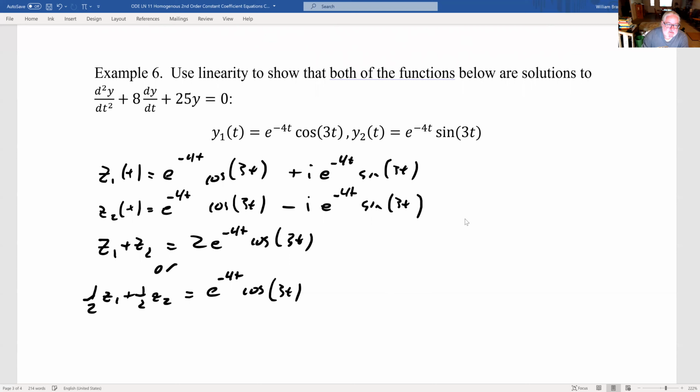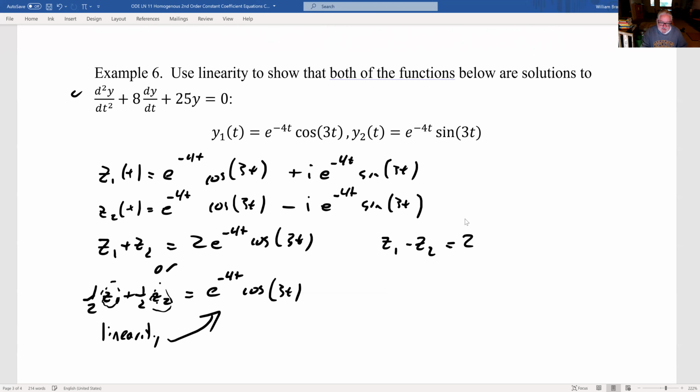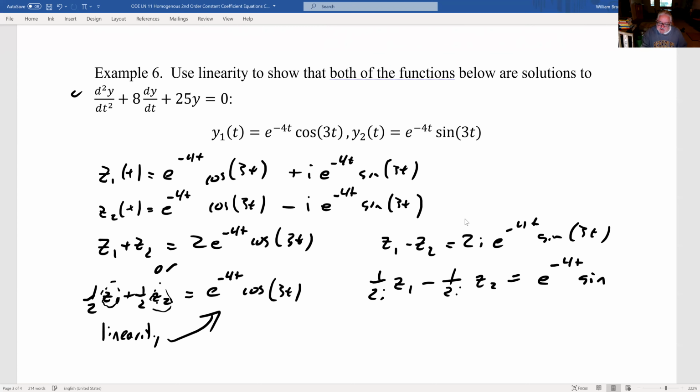So why does this make this a solution to this differential equation? Well, z1 is a solution, z2 is a solution, and linearity says if I take two solutions, multiply them by constants and add them together, I get another solution. So that means that's a solution. Likewise, z1 minus z2 is 2i e to the minus 4t sine 3t. 1 over 2i z1 minus 1 over 2i z2 is equal to e to the minus 4t sine 3t.